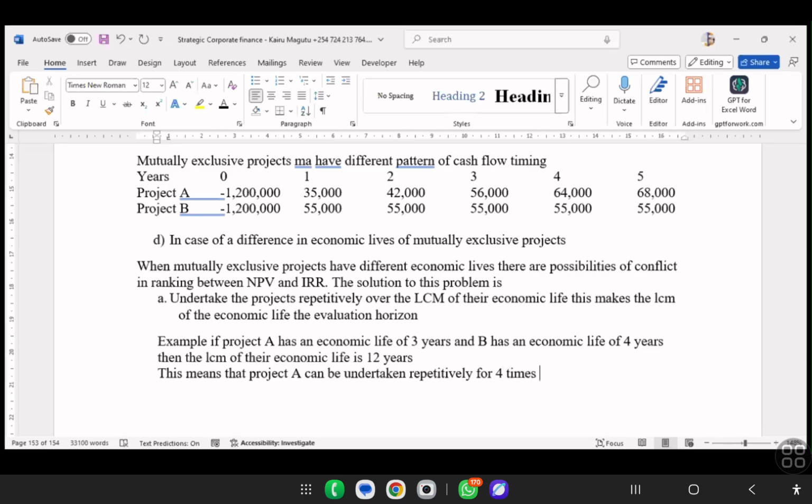If you undertake it, you get to the end, you undertake it again, for 4 times, adding up to 12 years.